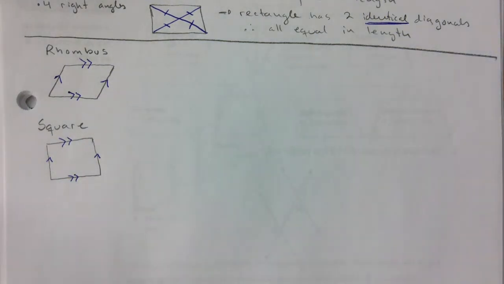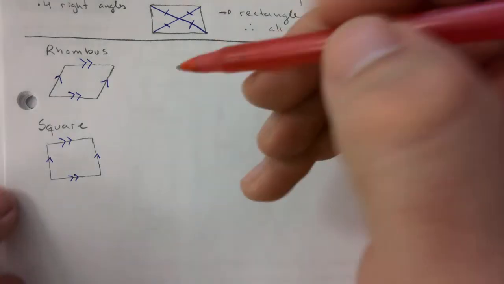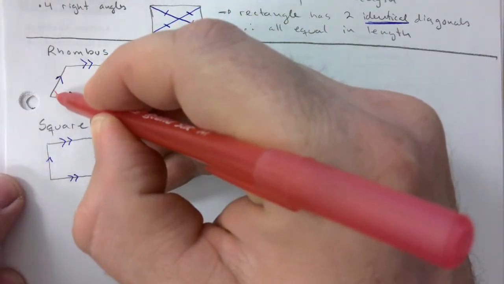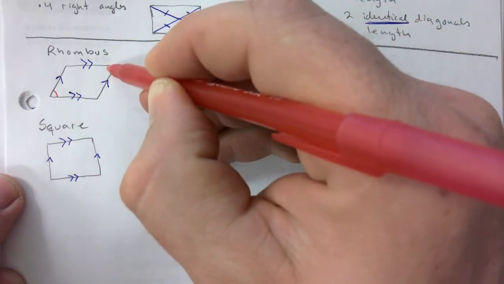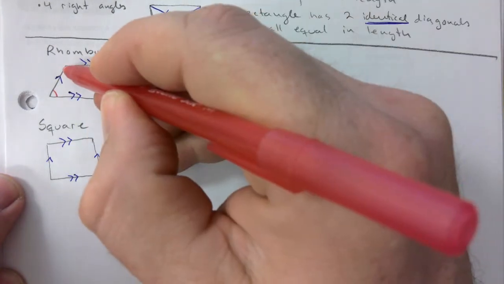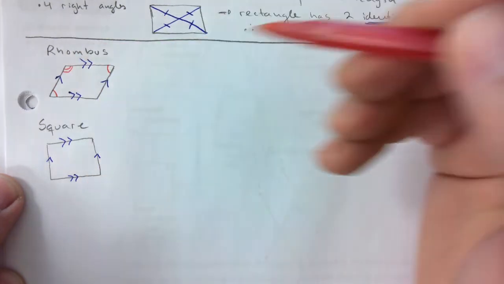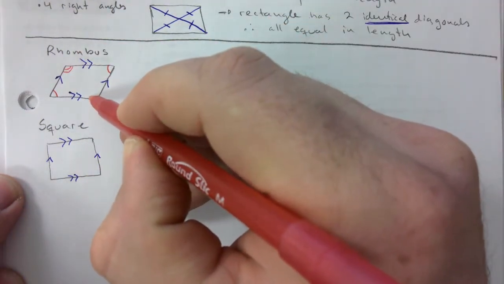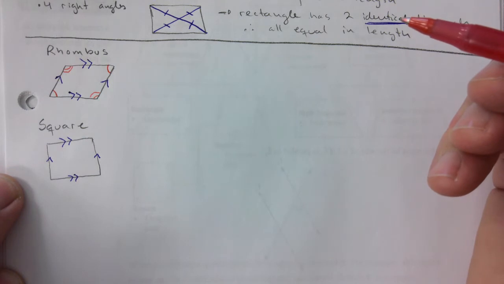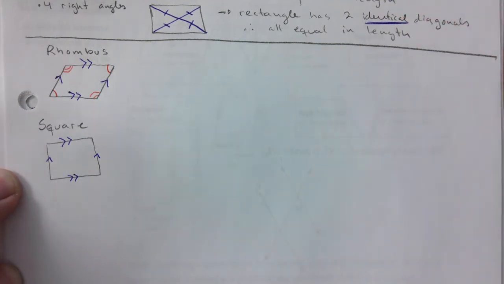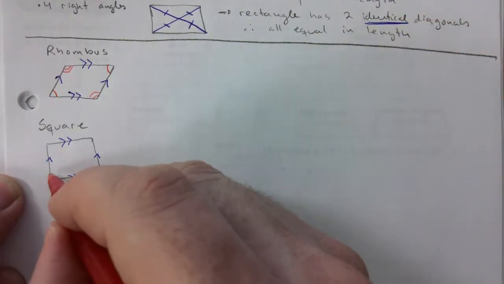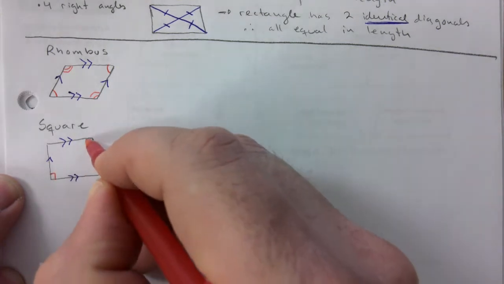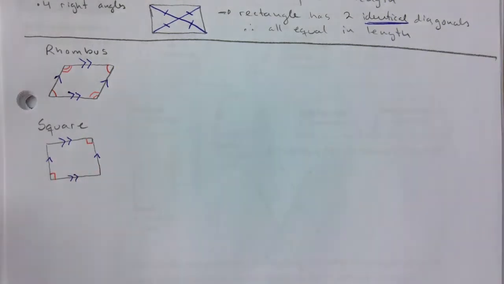So if you ever want to draw and identify at least one property, that's the easiest one to identify right off the bat, the 2 pairs of parallel sides. And then we know that this angle is going to be the same as this angle. So it's similar to this angle is the same as this angle over here. And with a square, we have all 90s, but this property is still the same.